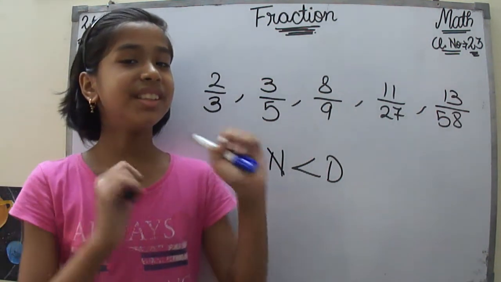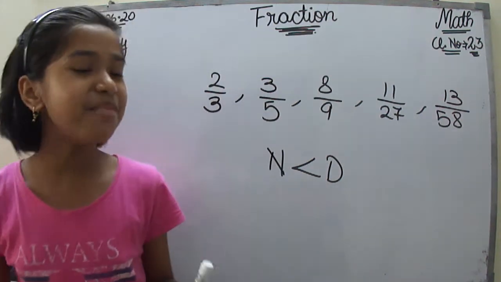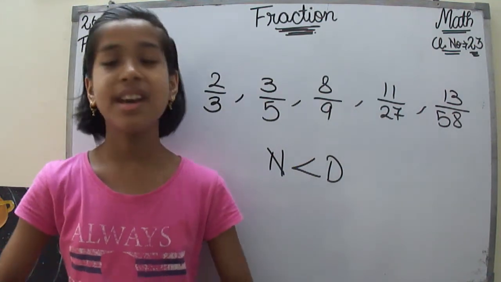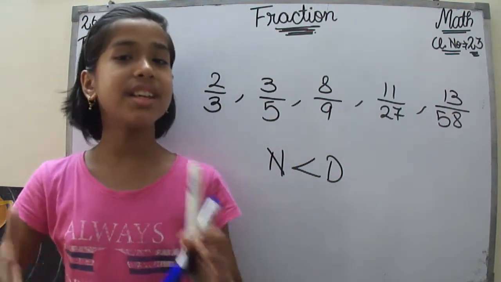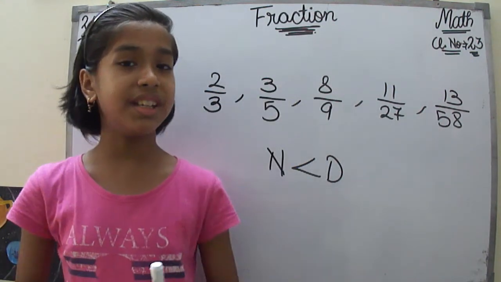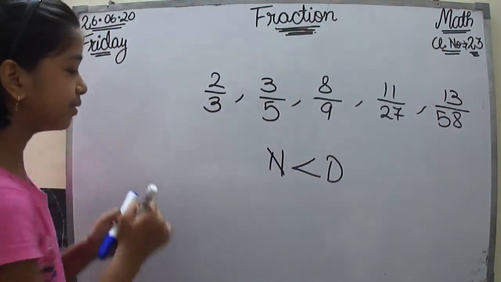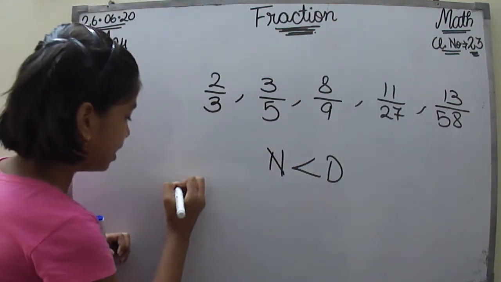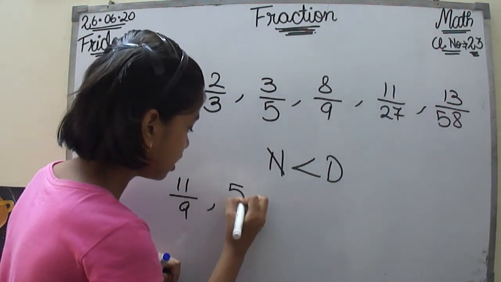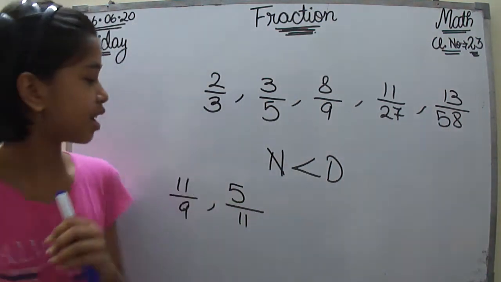Now, these are the proper fractions. What about improper fractions? Simply, improper fractions are the opposite of proper fractions. That means improper fractions are the fractions with the numerator larger than the denominator. For example, let's have 11 upon 9, then 5 upon 11. Sorry, this is basically a proper fraction.